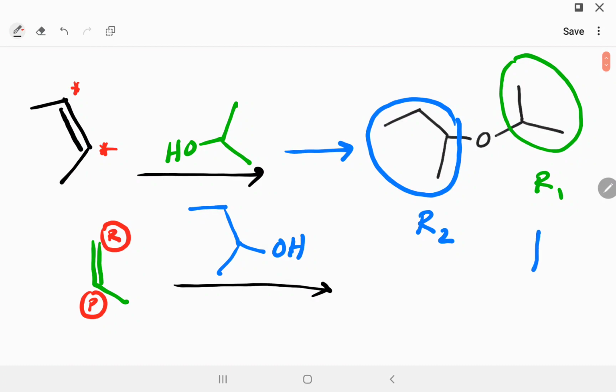This will be a CH3, and then the CH3 group remains constant, and then I'm getting a new bond right here in the middle carbon, and then I get the alkoxy group. We get the alkoxy group from the alcohol. All right, so that is how you get the answer.